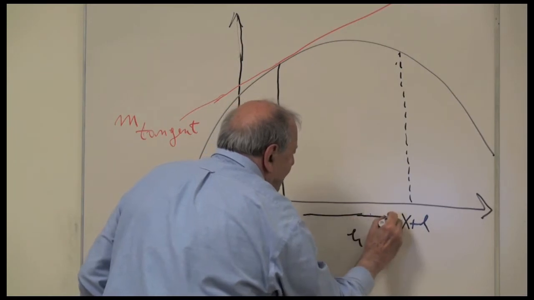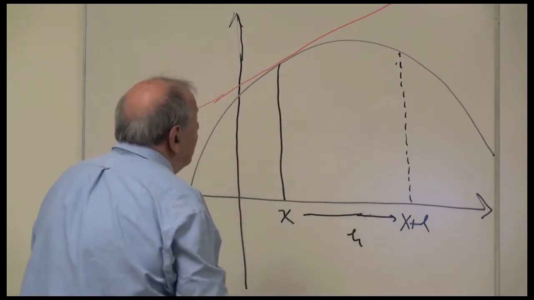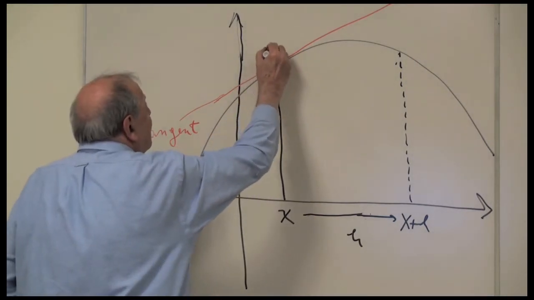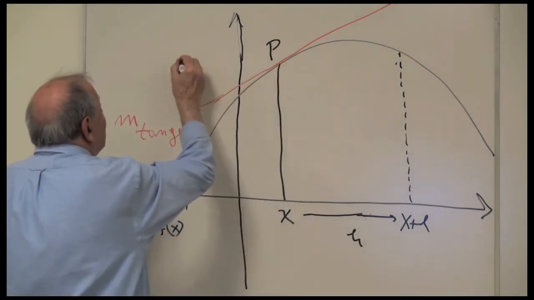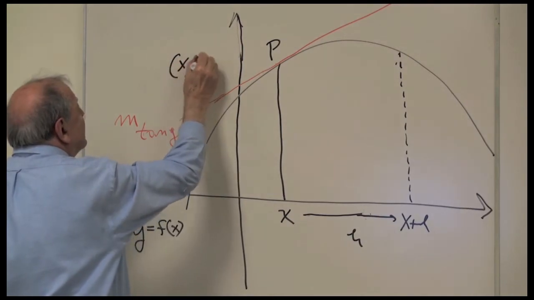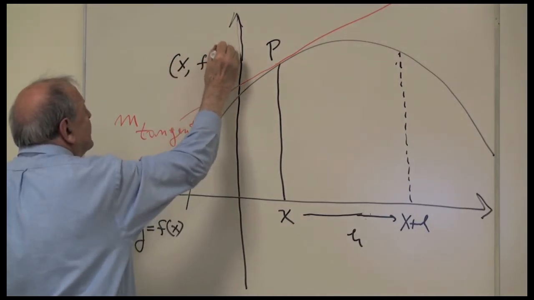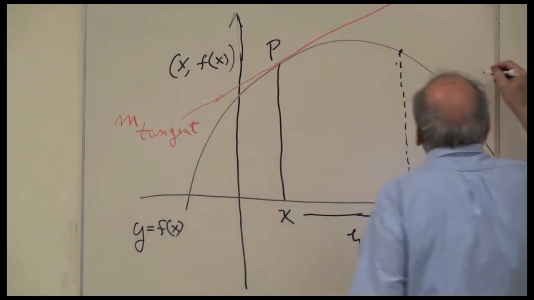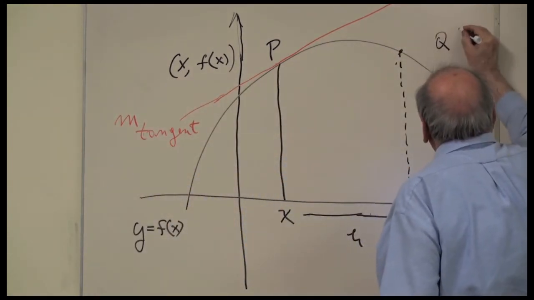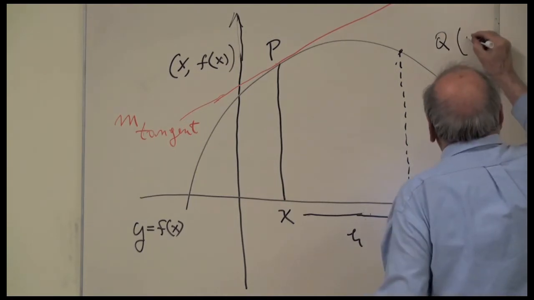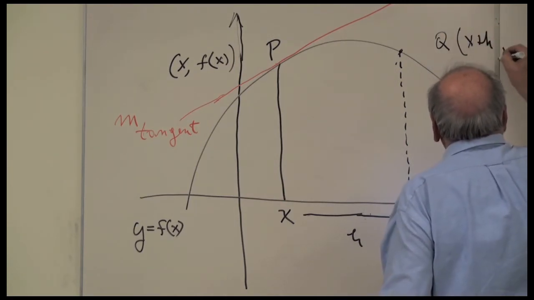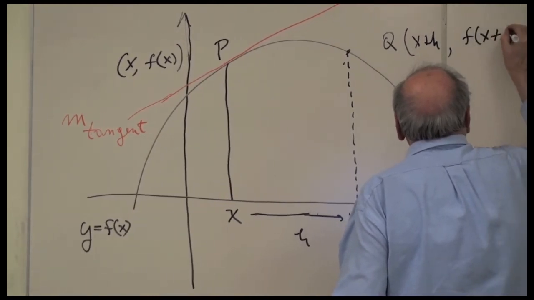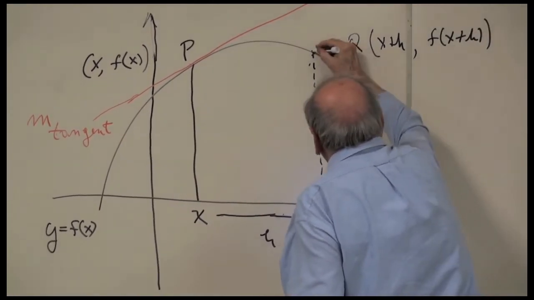By the way, I'm going to call this point P, and that, of course, is the point (x, f of x). And over here, I have the point Q, which is what? Well, its x-coordinate is x plus h, and its y-coordinate is f of x plus h. So that's what this point is.